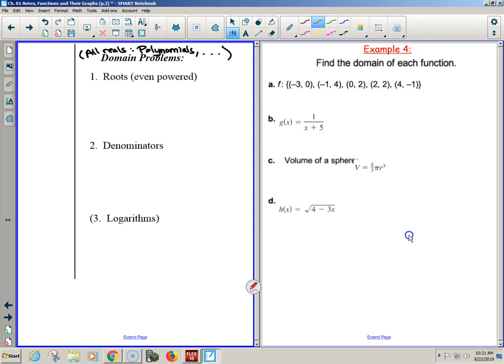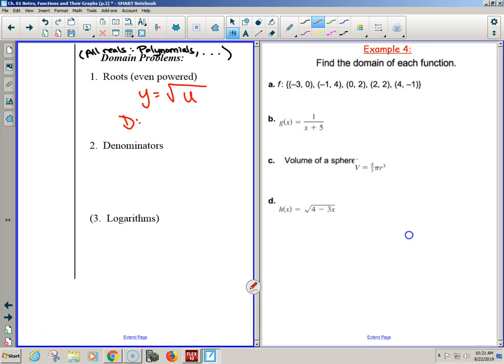I wonder, can I just say y is equal to the square root of u? What's u? Well, it could be x plus 1, it could be 3x, it could be 2x minus 3. It's a square root of something. What's not allowed under square roots? Negatives. So how are you going to find the domain?